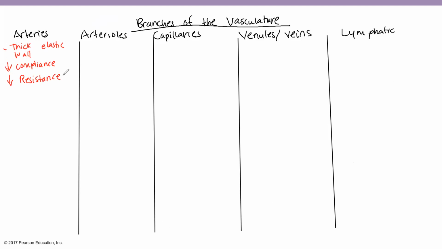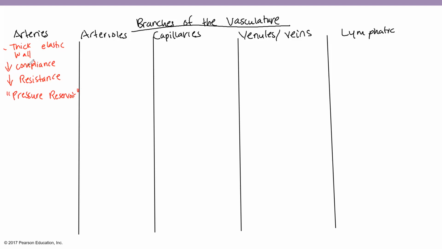Both of those things led to the description of them being a pressure reservoir. In other words, they can store a lot of pressure in their walls to be used for the recoil of blood during the filling phases of the cardiac cycle. So they give continuous pressure because they can capture that pressure in this thick elastic wall.